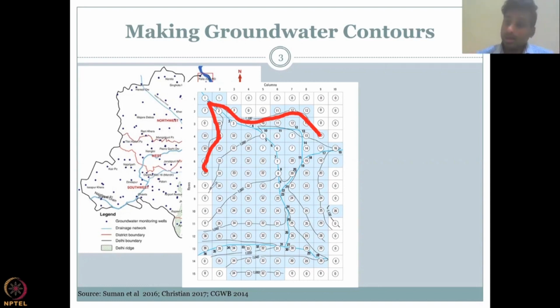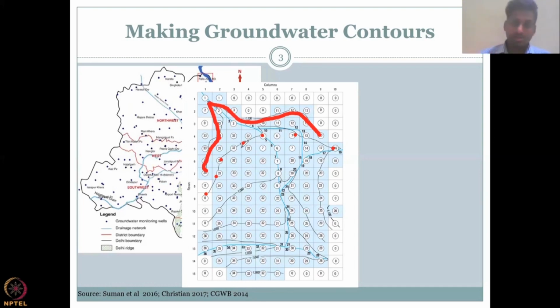Then we have these water levels, which are at 1080. So 1080 along this line, and it has been connected through this line. So you have all the wells along this line having 1080 meters as water level. Okay.